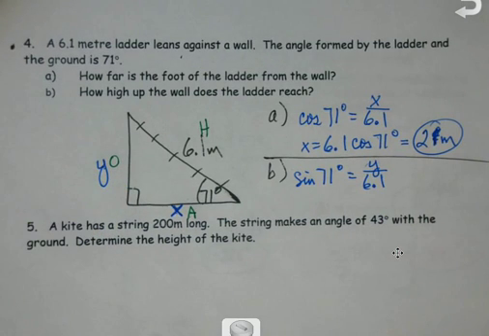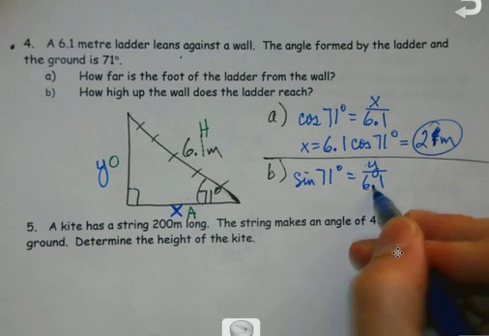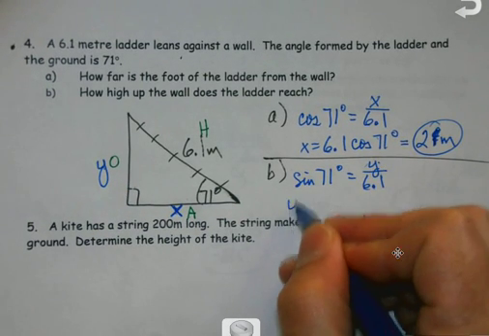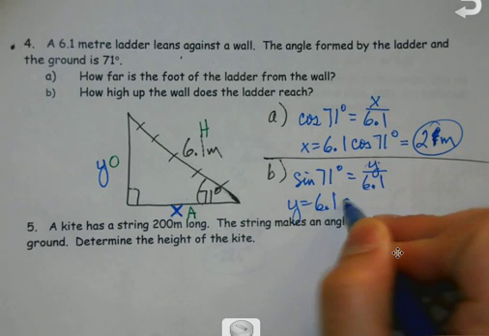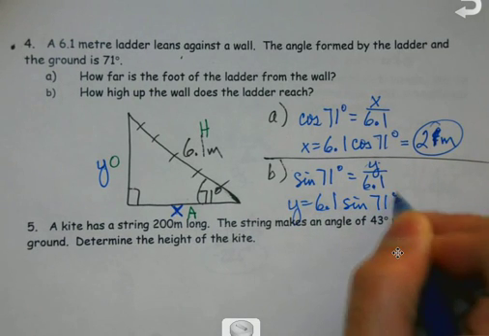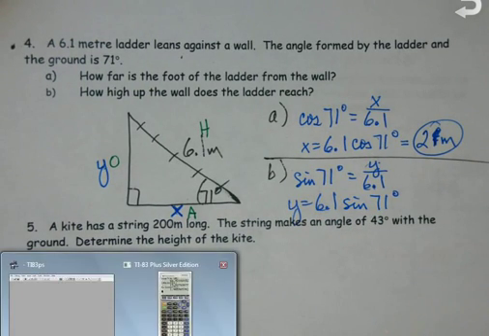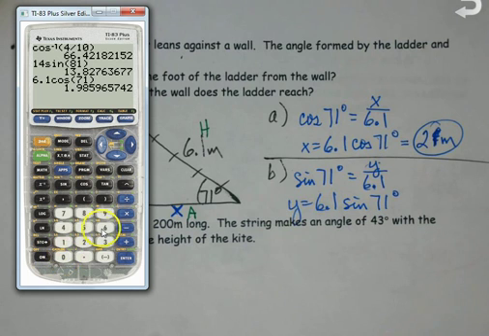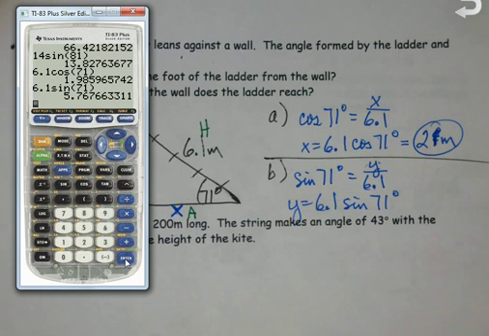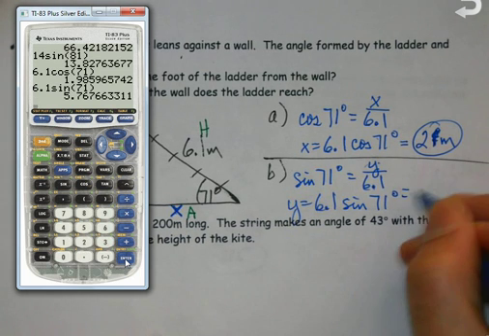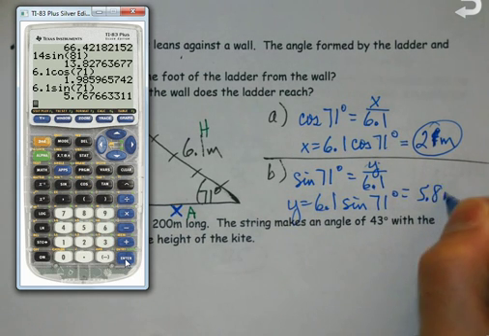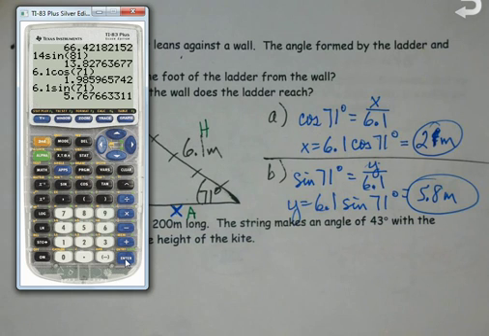But once again, variables on top. But you see how it's important that I labeled correctly, because otherwise I'd have gotten these backwards and I'd have ended up getting both of them wrong. That's no good. So about 5.8 meters.